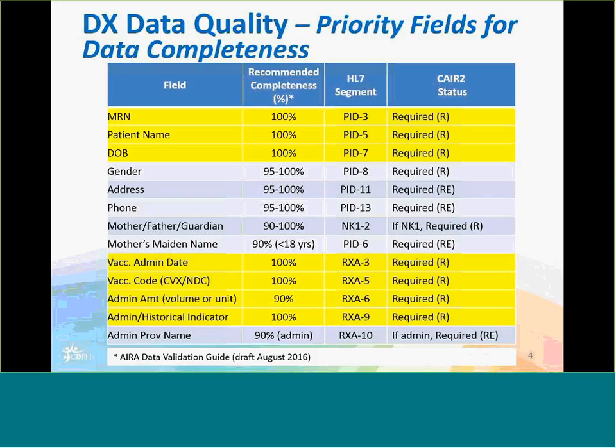Next, priority fields for data completeness. There are priority fields for data completeness, and they are highlighted in yellow on screen. The majority of these fields should be completed 100% of the time.